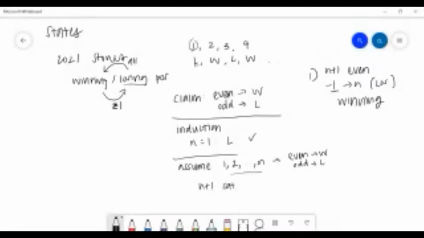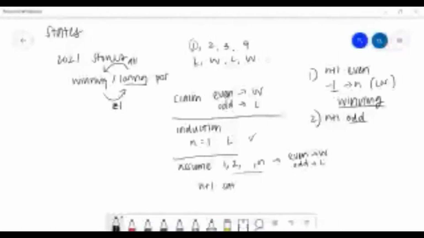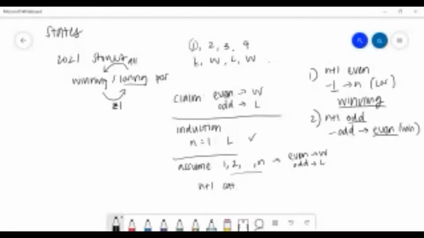And if n plus 1 is odd, all of the divisors of n plus 1 are odd too. So then you're going to subtract an odd number from an odd number, which gives an even number, which is a winning position for the opponent. So it's a losing position if n plus 1 is odd.